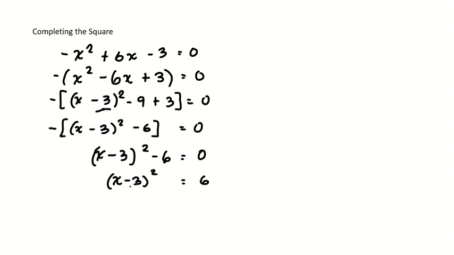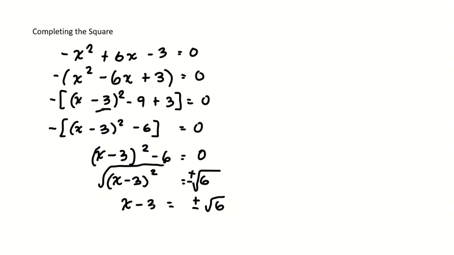Now to solve for x, we get the square root of both sides. Of course, there's one positive value and one negative, because negative times negative is also positive. So this is x minus 3, and this is plus minus square root of 6. But we're looking for x, so we add 3 to both sides.